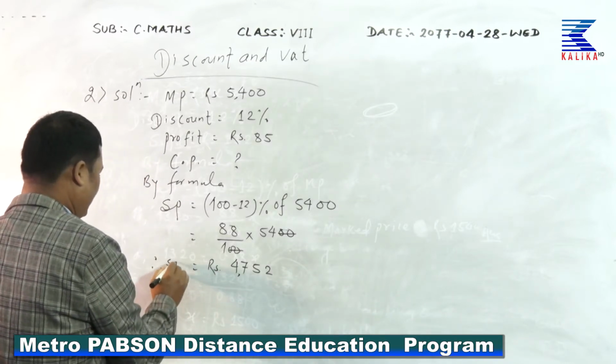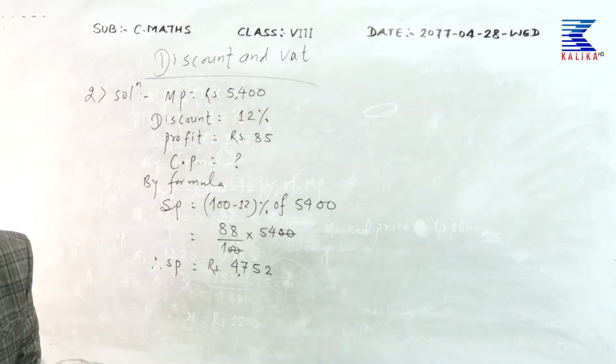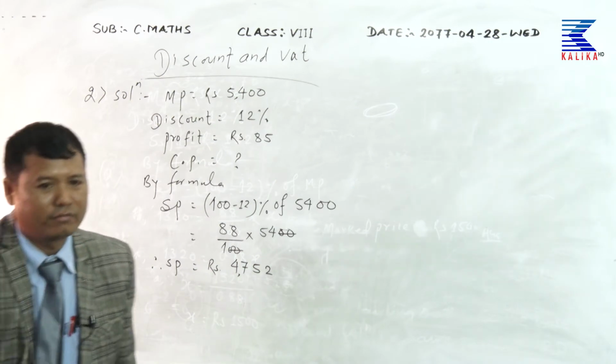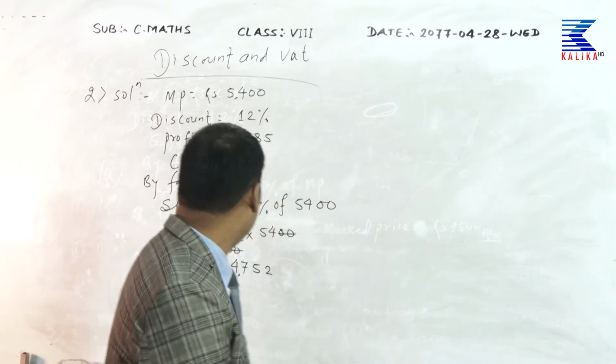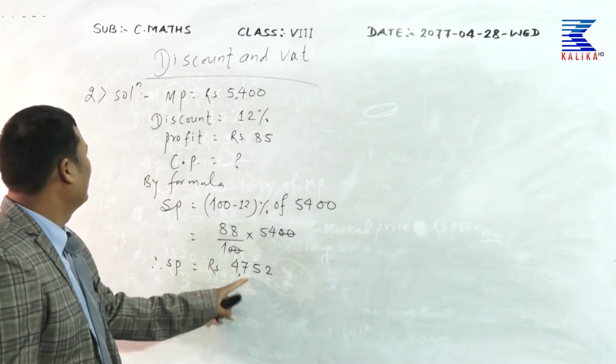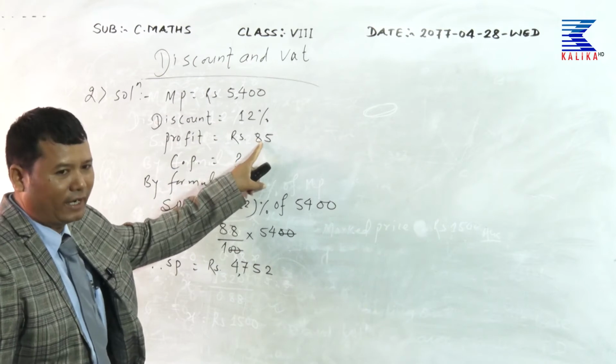Therefore SP is 4752. It is the selling price, and profit is also 85.